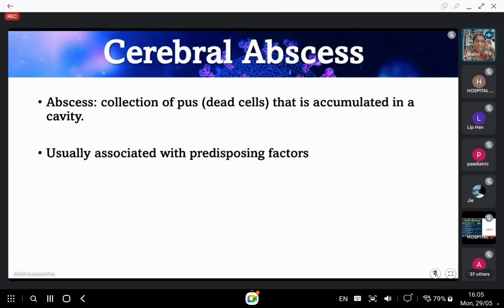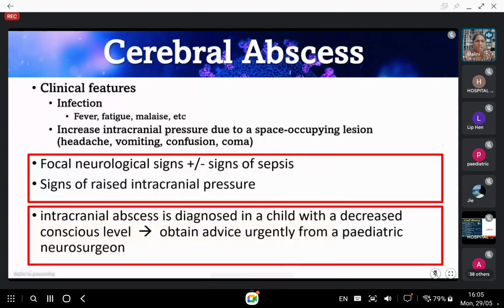So what is a cerebral abscess? It is a collection of pus or dead cells that accumulated in the brain's inner cavity. They usually present with some focal neurological sign depending on where the abscess is located. If there is an intracranial abscess in a child with decreased consciousness, you should refer to the pediatric neurosurgeon immediately.